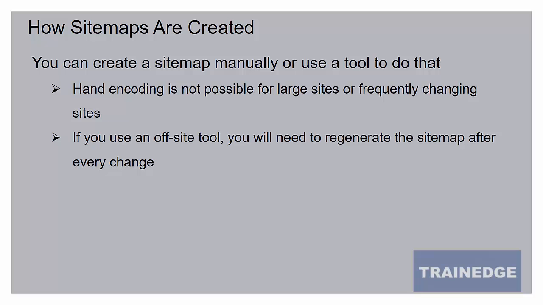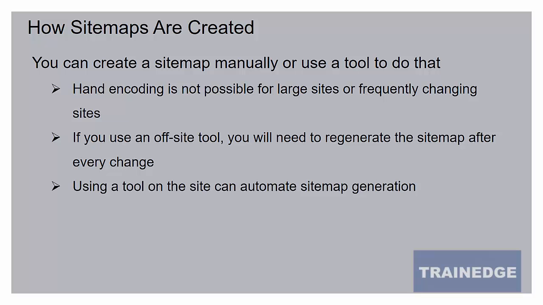But if you're using an offsite tool, another website, to generate your sitemap, then you'll need to regenerate the sitemap after every change, upload the new sitemap to your website, and then instruct Google to reindex your site. If you use a sitemap generation tool that is sitting on your website, then every time you make a change, it will automatically regenerate the sitemap.